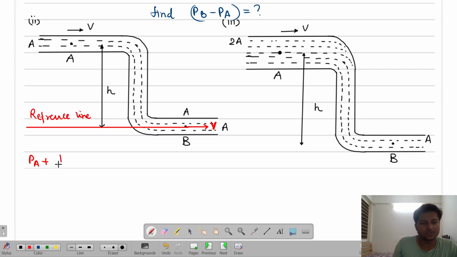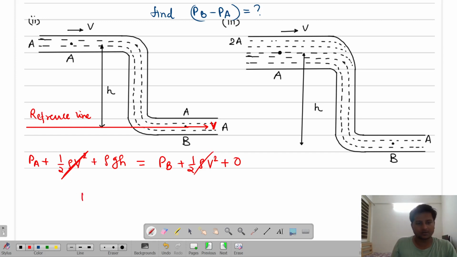So it will be PA plus half rho V of A, which is V square, is equal to P of B plus half rho V square plus 0, isn't it? So that means this and this also got cancelled, isn't it?